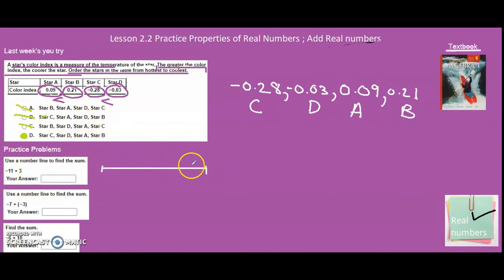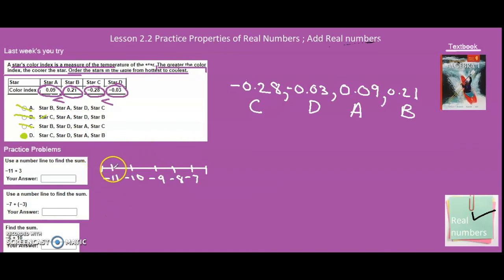So let me write out negative 11, negative 10, negative 9, negative 8, negative 7, and so on. Now that we have a minimum of 5 numbers, let's solve this problem.